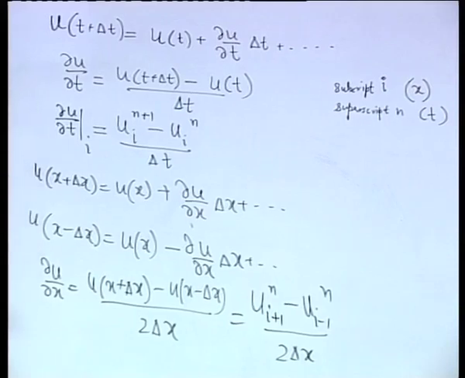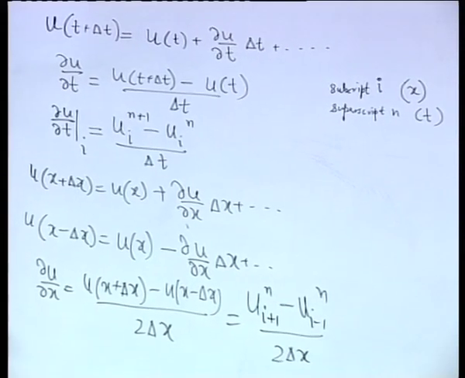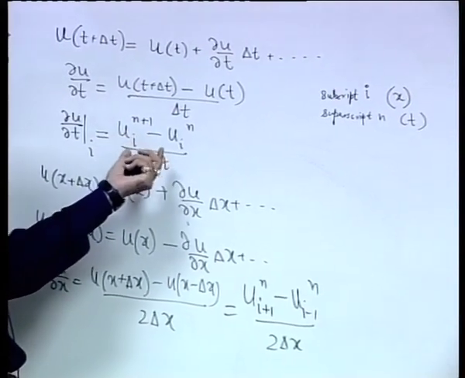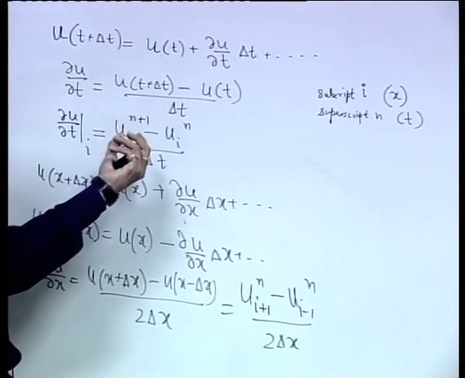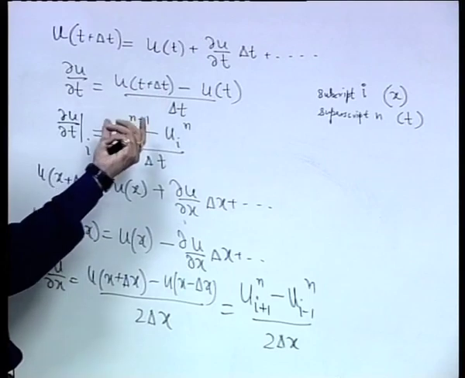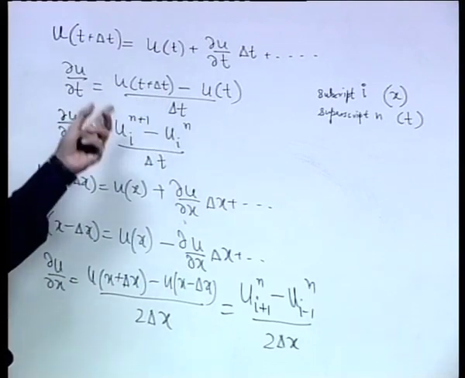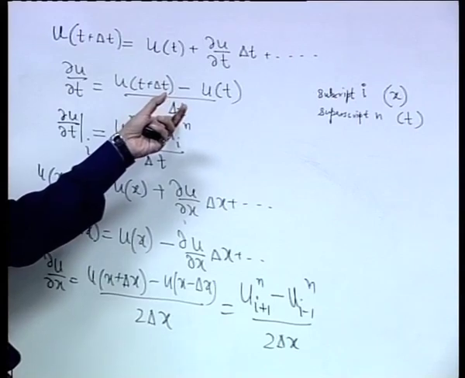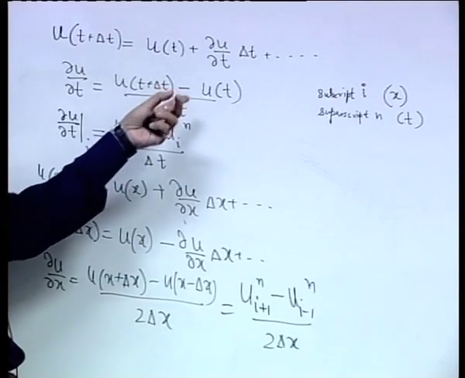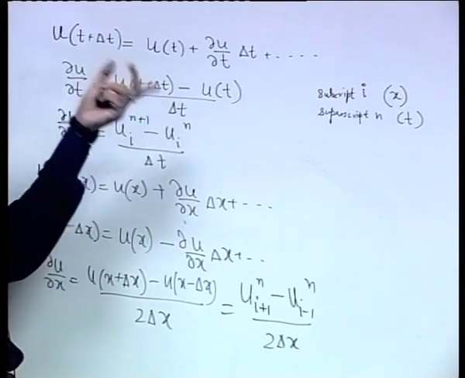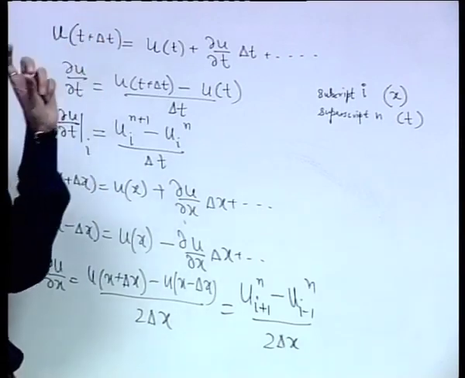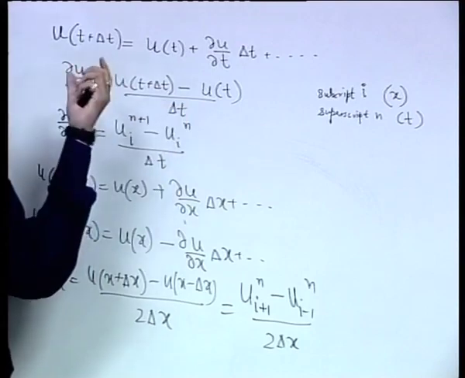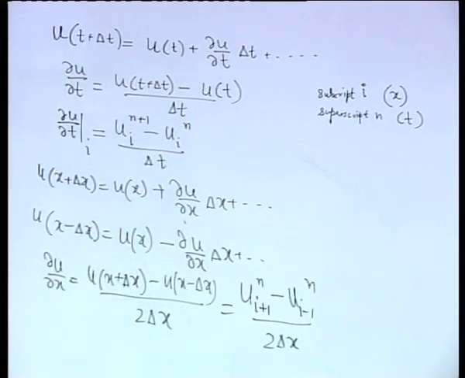By looking into this formula, you can appreciate one thing, that these formulas are as if considering the rate of change by a linear approximation. So, du/dt is like u at t plus delta t minus u at t divided by delta t. As if the portion from t to t plus delta t is being considered as a linear function, so that it is the change in u by the change in t, that is the slope of the curve.